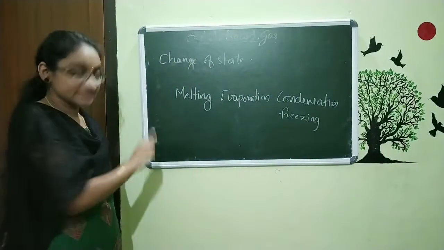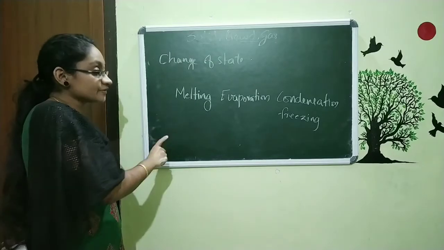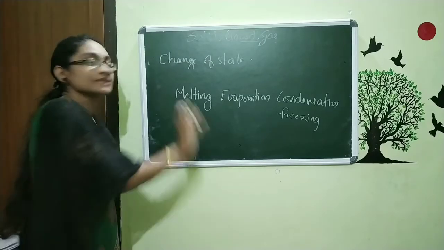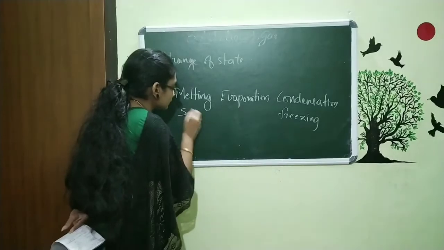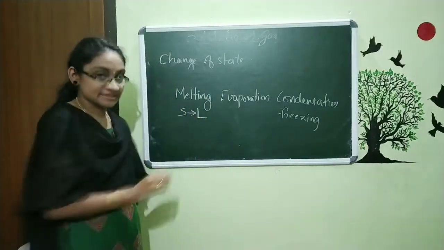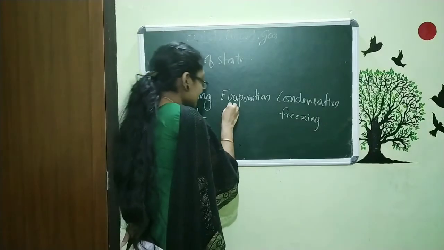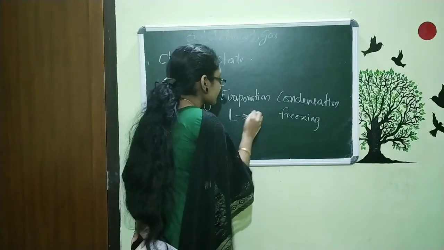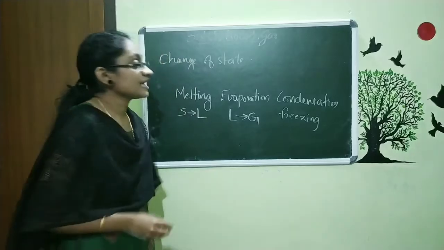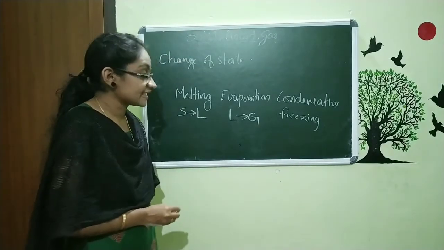What is melting? Melting is the conversion of solid to liquid. Solid to liquid is melting. What is evaporation? Evaporation is the conversion of liquid to gas. Liquid to gas is evaporation. What is condensation?